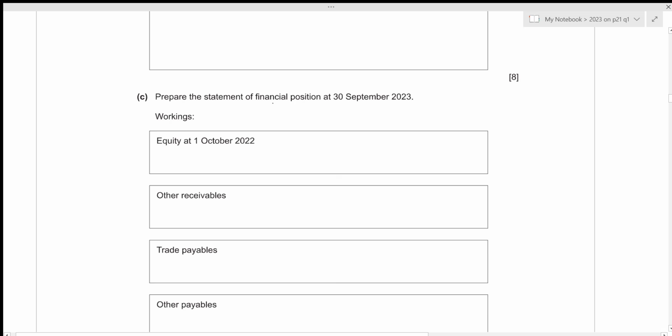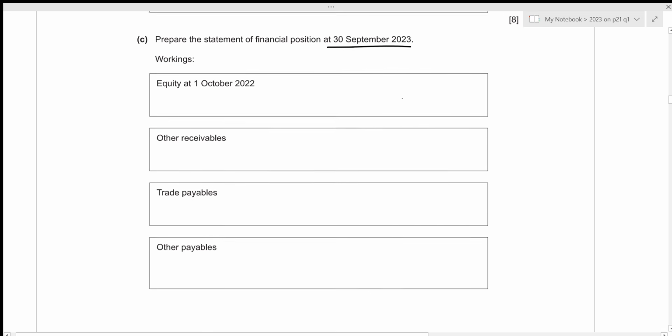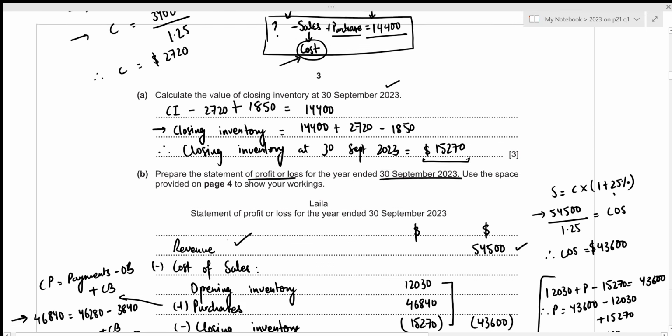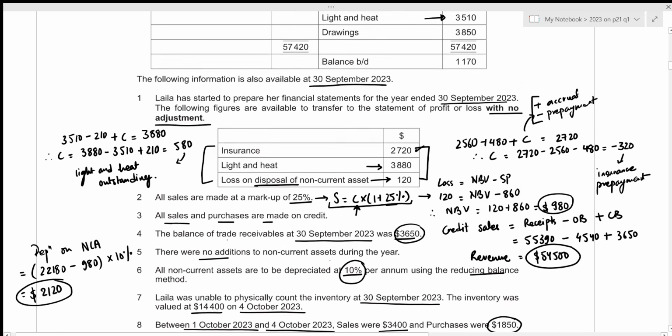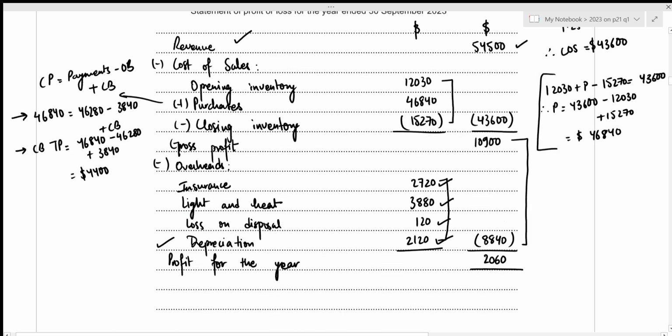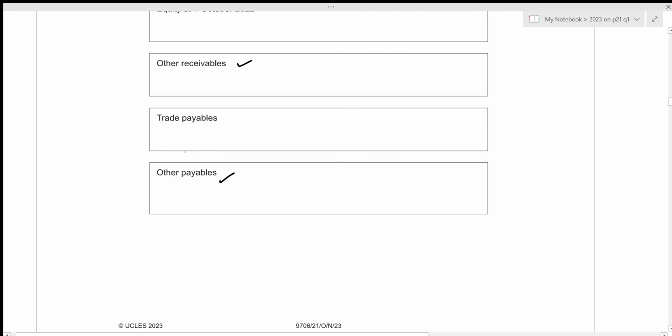Now we need to prepare the statement of financial position at 30 September 2023. Again, the items for which you need to show your workings are given below. And remember, we have already calculated the other receivables and other payables, because these are just the closing outstanding values and the closing prepayment values. And for our light and heat, we figured out that 580 will be outstanding, which means that we are yet to pay this amount. So this 580 will be a part of our other payables.